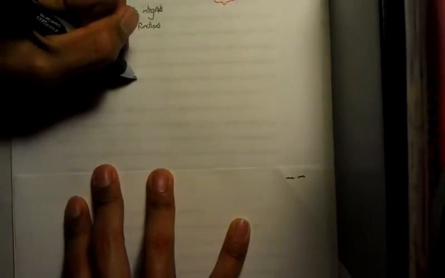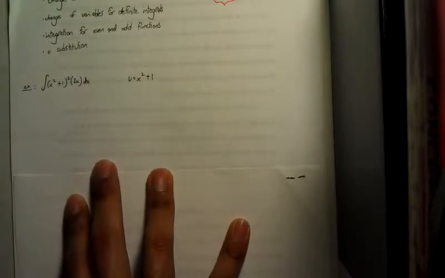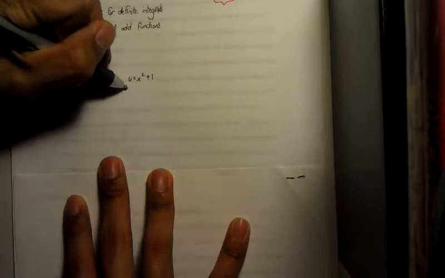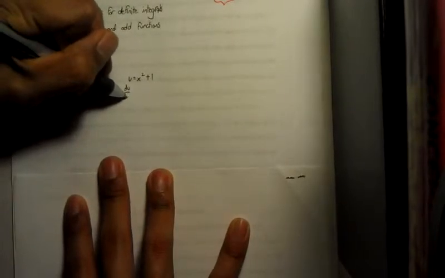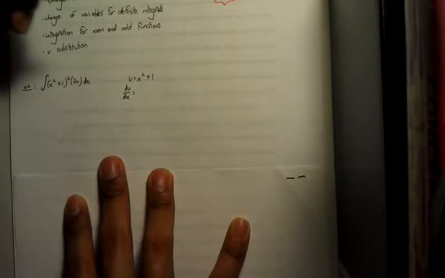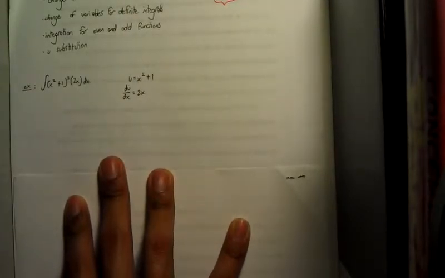So just some side work. U equals x squared plus 1. And now what you're going to do next is take the derivative of u with respect to x. So du/dx equals, and that's just 2x.